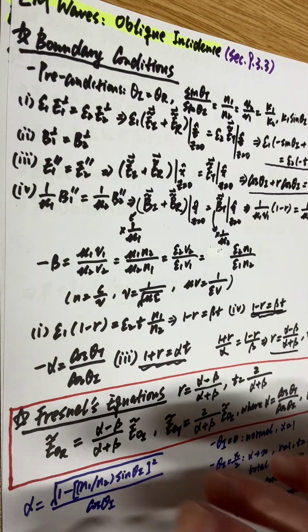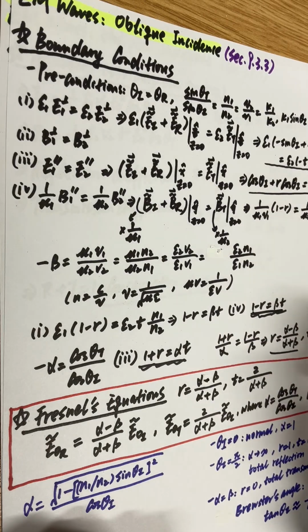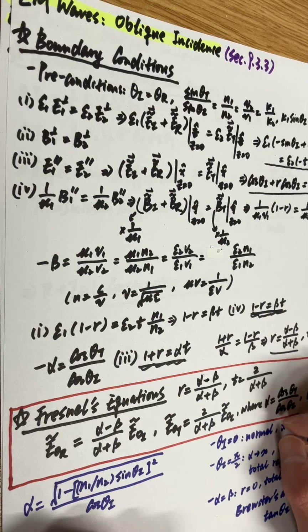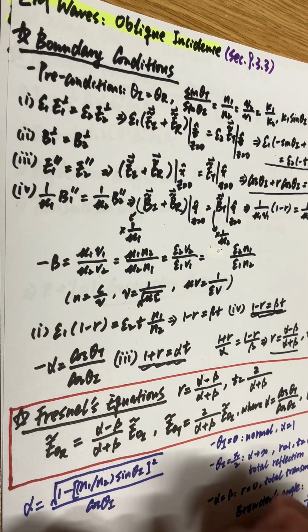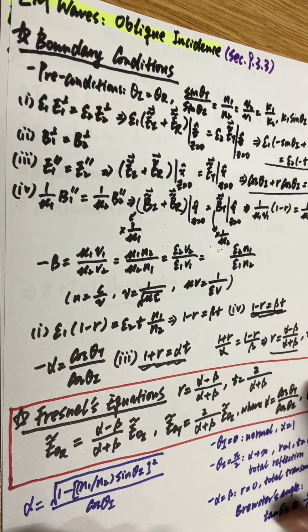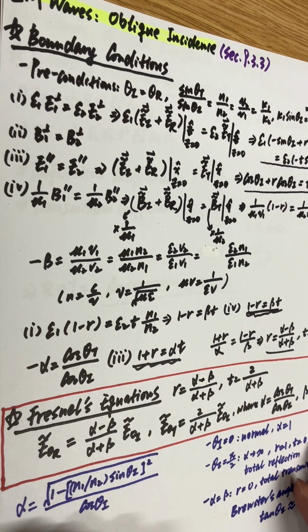If you derive all these equations by yourself, it will give you a really deep common sense, a really deep memory of Fresnel's equations and their role in designing optics devices and communication devices.